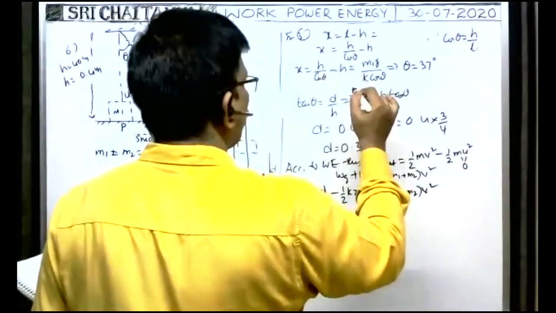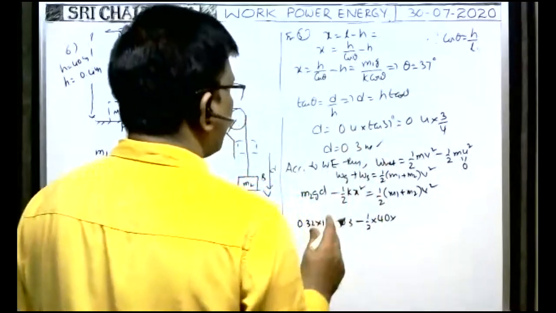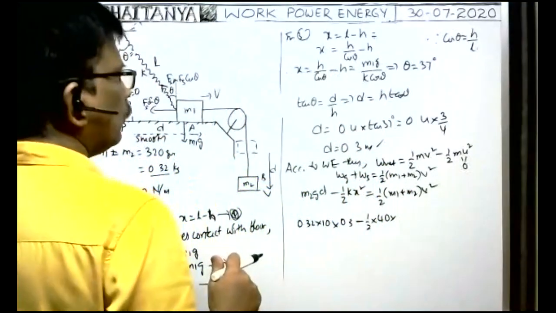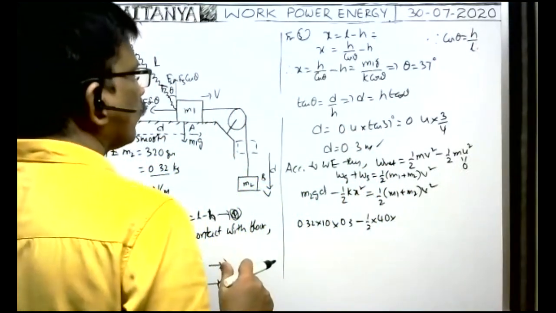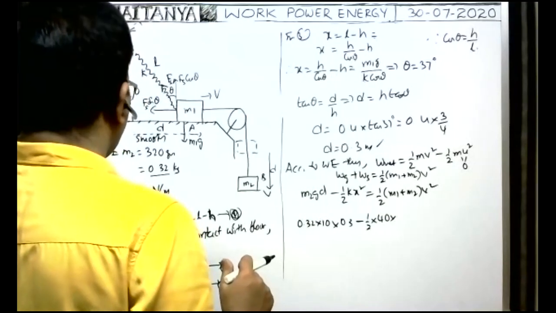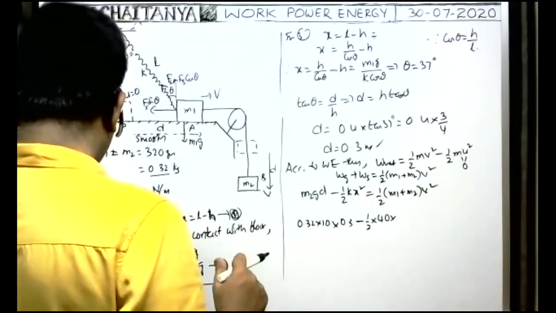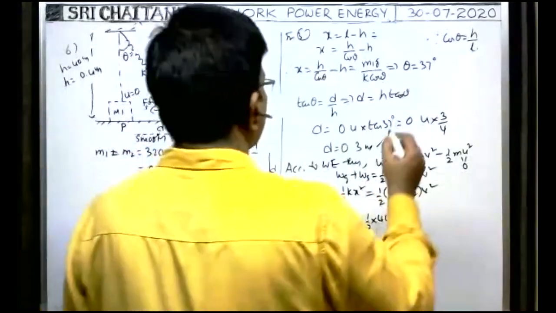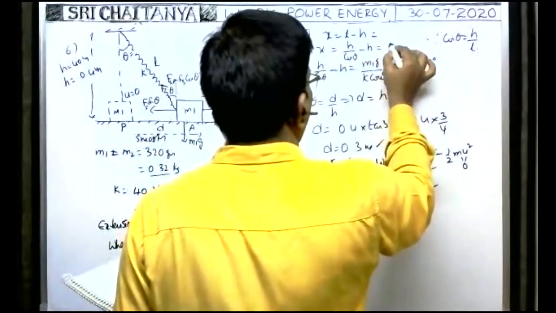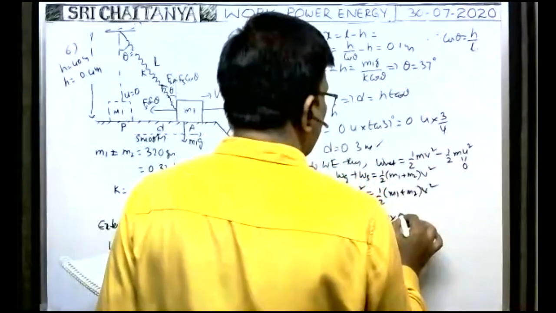What is the x value we got? The x value is equal to 0.1 meter. If you substitute the theta value here, you will get 0.1 meter. So the x value is 0.1.